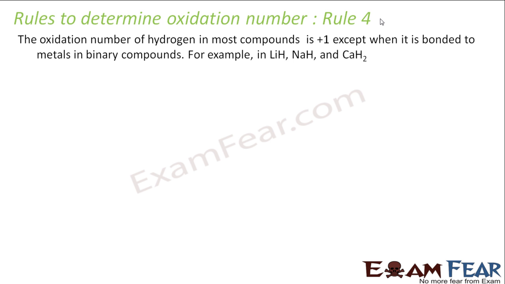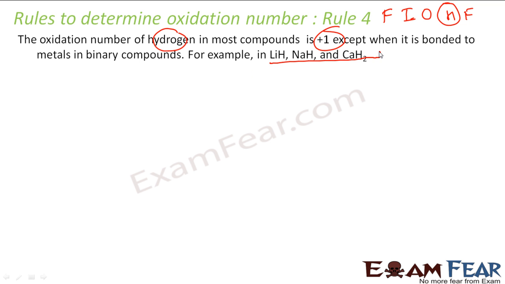This is rule 4. Let's write the acronym once again. H, as I told, the oxidation state of hydrogen in most compounds is +1, except when it is bonded to metals. For example, H2O, hydrogen will be +1. HCl +1.